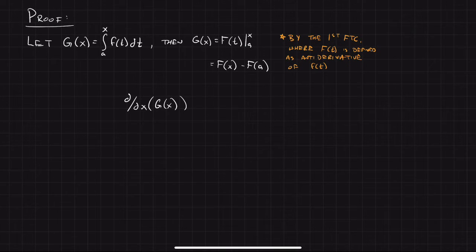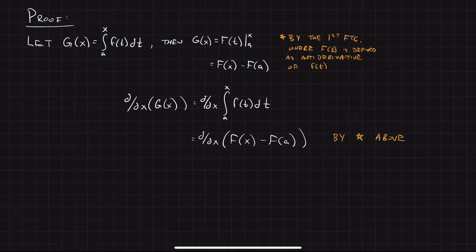So then let's take the derivative of capital G of x. That would be the derivative of the integral from a to x of f of t dt. Well, we just showed that that integral was equal to capital F of x minus capital F of a. And then taking advantage of the way that we defined capital F of x, the derivative of capital F of x would be little f of x.